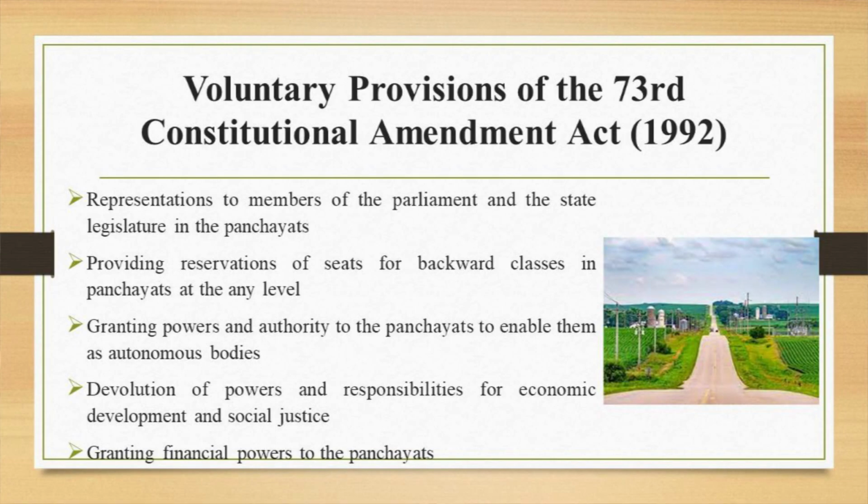It also includes granting financial powers to the Panchayats, that is, authorizing them to levy, collect and appropriate taxes, duties, tolls and fees, etc. We have just learned about the compulsory and voluntary provisions of the 73rd Constitutional Amendment Act.